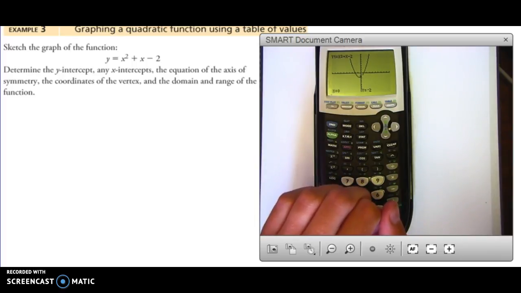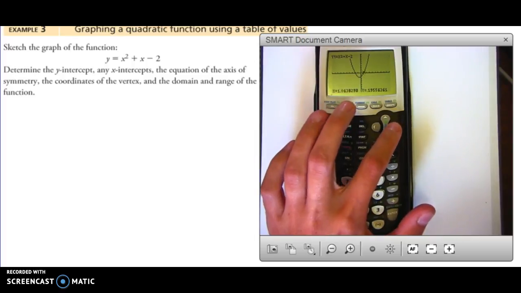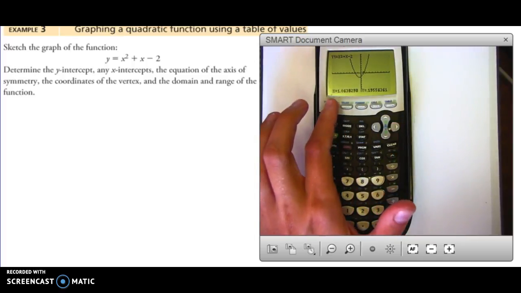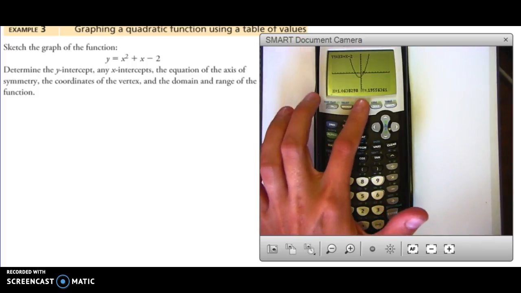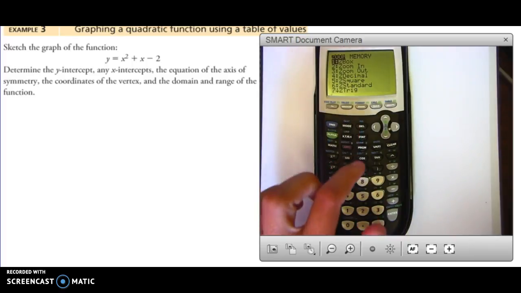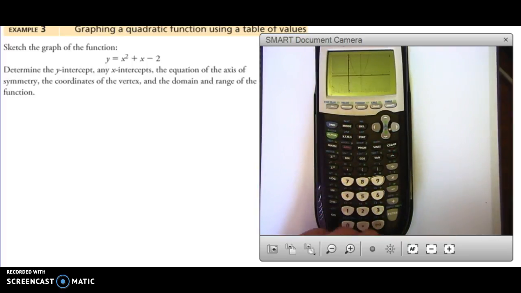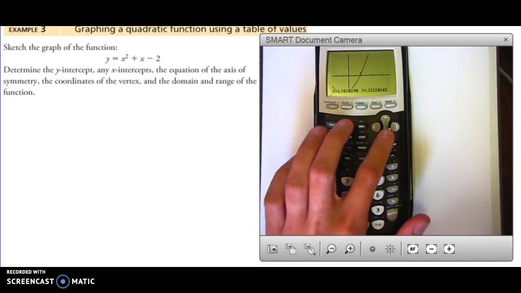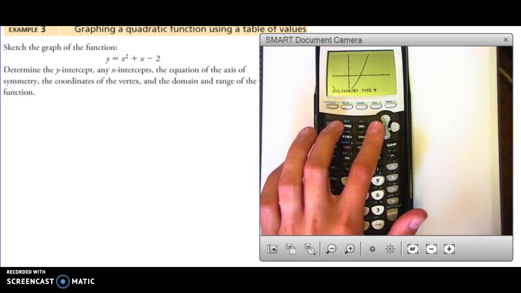Now if we need to find our x-intercepts, we have two x-intercepts. We can cruise along here, and this might be right, but we could probably get a little bit closer. So I'll hit zoom, go down to zoom in and hit enter, and it'll give me a closer look at that intercept. See, we were a little bit off. So our x-intercept is actually 1.